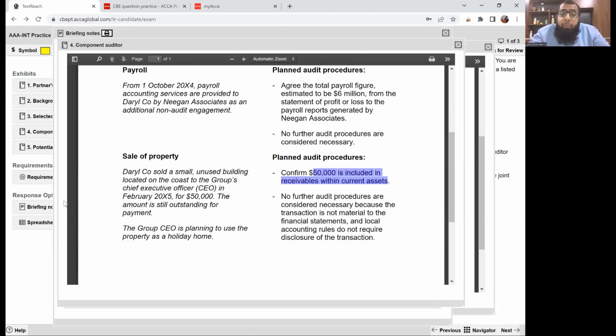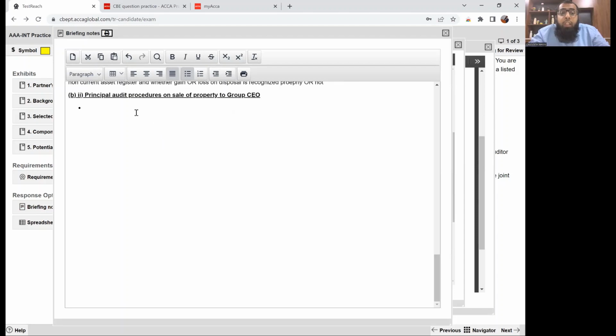So let's develop some principal audit procedures which we will be performing. Review board minutes to verify whether the sale of property to the group CEO was authorized by the board of directors or not.